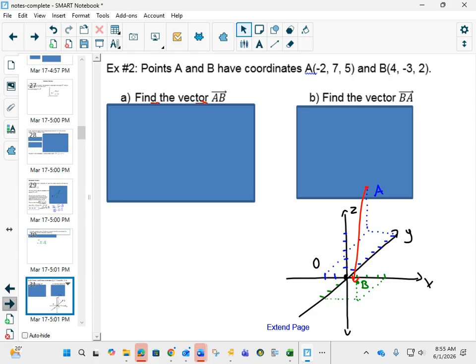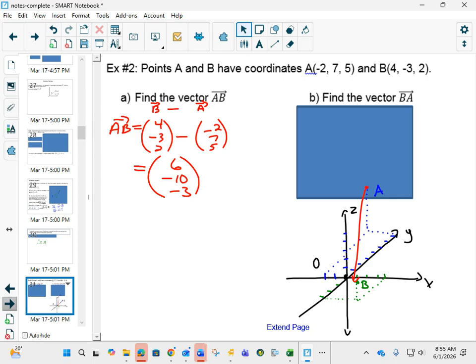What we could do if I wanted to go from A to B is go from A back to the origin, and then from the origin go to B, which is the same as B minus A. And if you went 6 in the x direction, then down 10 in the y direction, and then down 3, you will go from A to B.